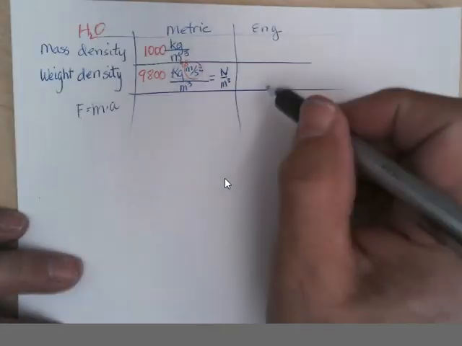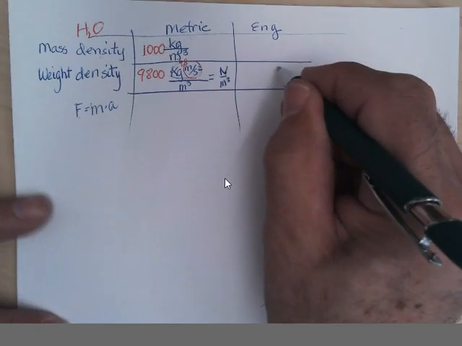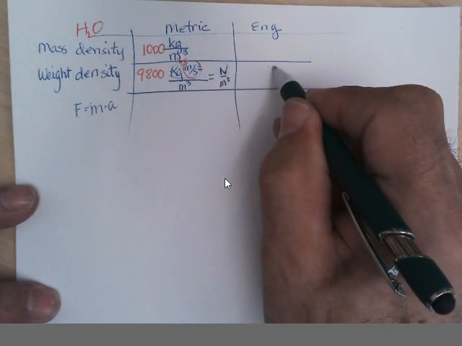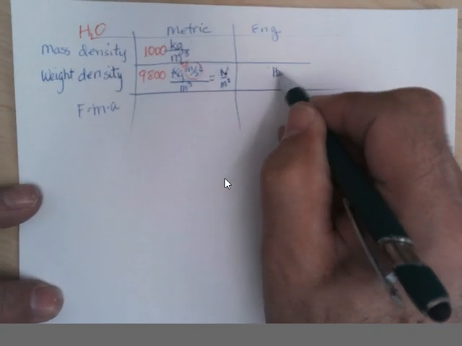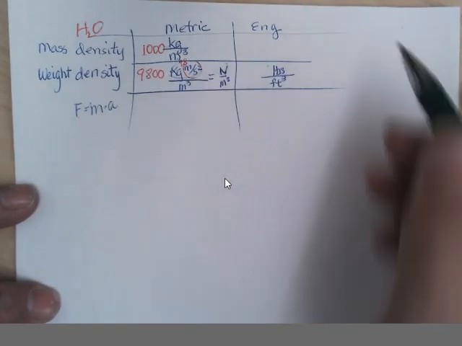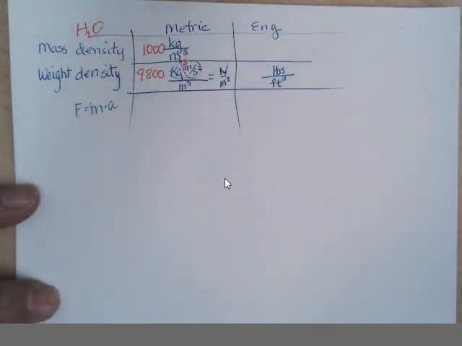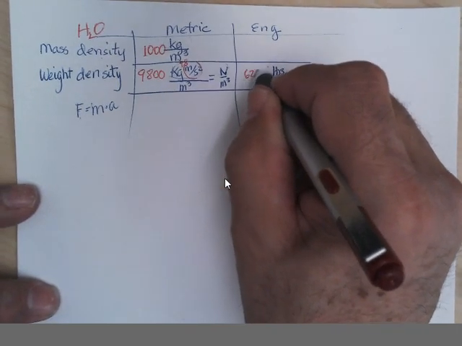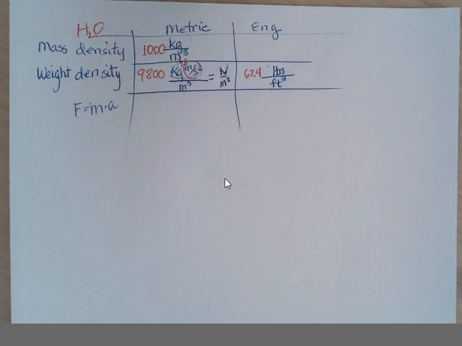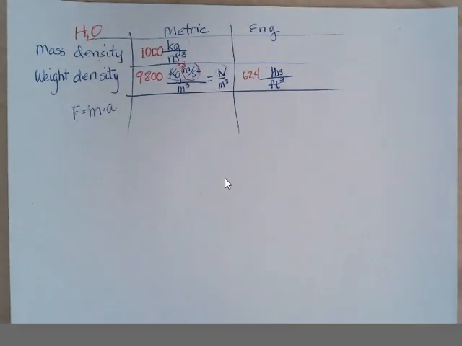Now, the English system, if you read the book, they'll tell you that it'll be a force, which is weight, in pounds per cubic foot. And they just outright tell you for water, it's 62.4 pounds per cubic foot. Pounds already has gravity in it. If we wanted to go back, which we're not going to do very much of, let me do a different color here, I'll do red.